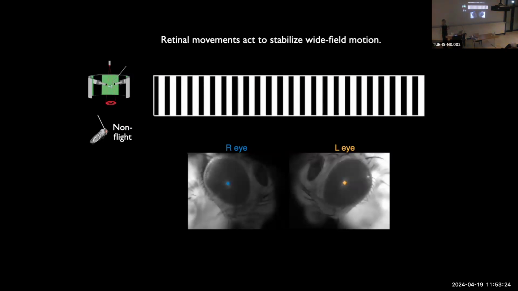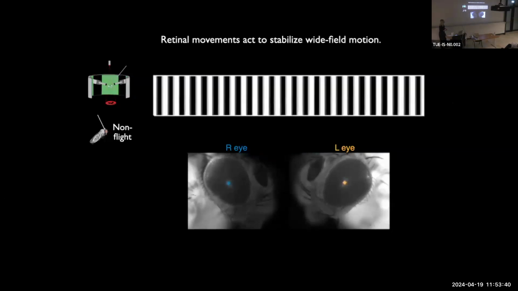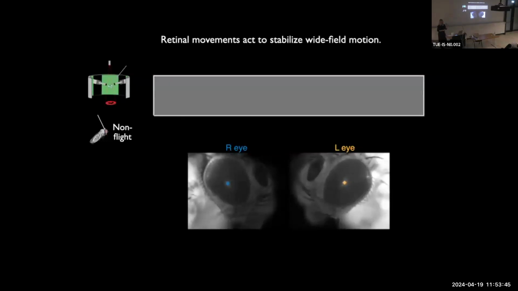We can monitor wing movements, and we pointed 2 cameras onto the 2 different eyes. And at the same time, we can show visual stimuli. And when we did that, we saw very regular movement that coincided with this grating motion. And for now, I just wanted to focus on the fact that the head of the fly is not moving at all. It's just the retinas that are moving.